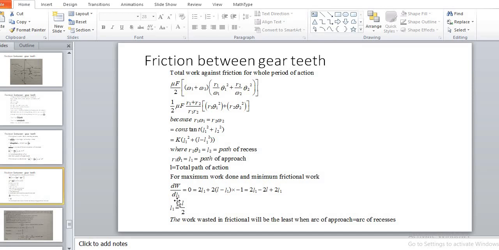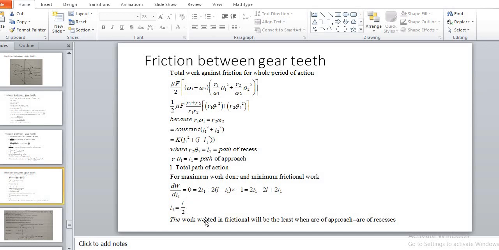We simplify to get an equation in terms of the length, then differentiate with respect to that length and equate to 0. We get the condition L1 equal to L by 2.